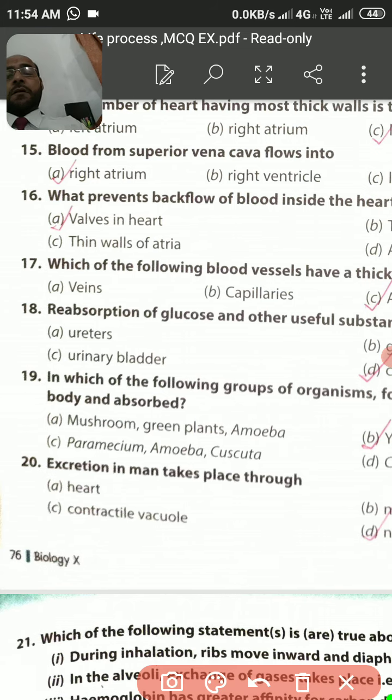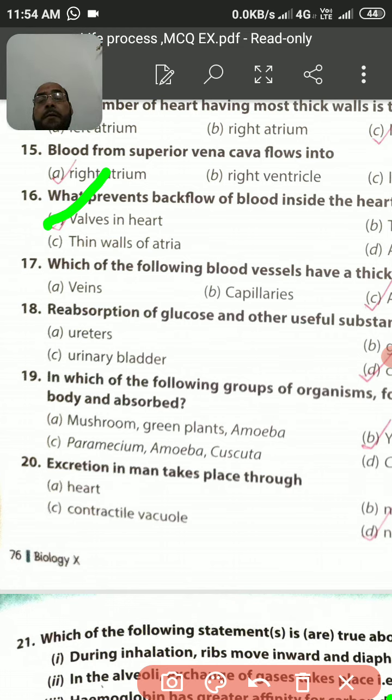My dear students, these valves are found as protection from the backflow of the blood when the heart gets contracted. So backflow does not happen because of these valves, which are found in the heart itself.